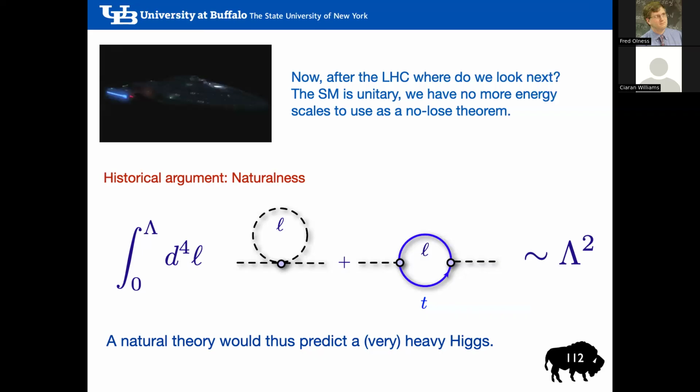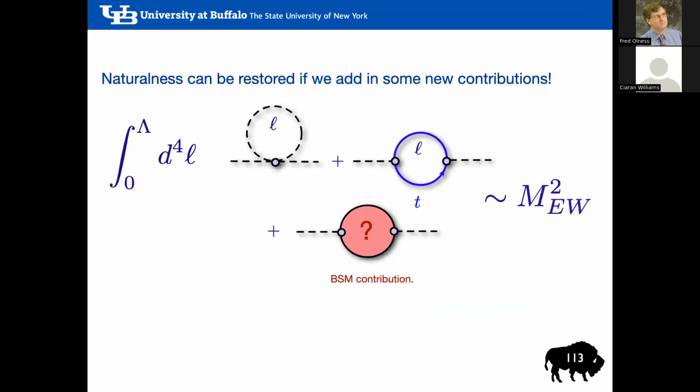But the naturalness problem says, well, wouldn't it be nice if you didn't have this magic cancellation between these two very big numbers to get the electroweak scale, right? So the naturalness motivation would be that, okay, mathematically it's fine to cancel infinities this way. But it's very different to how it works with fermions, which are protected by symmetries.